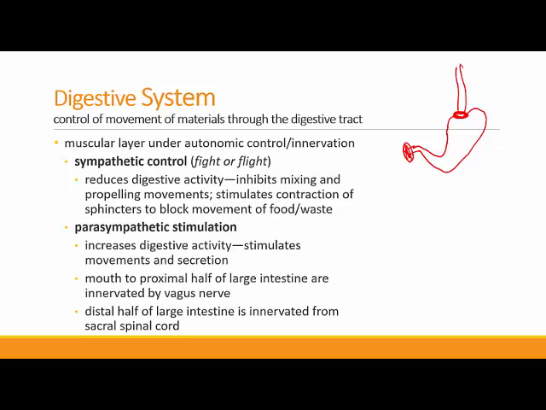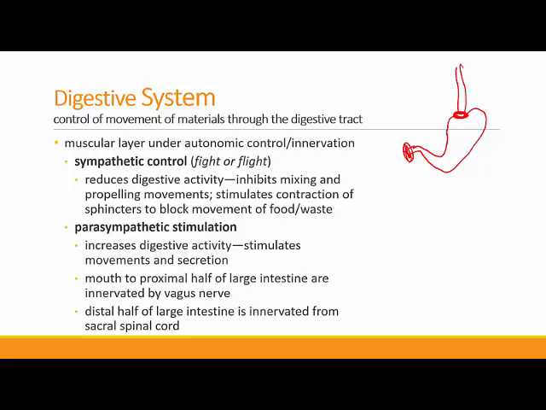So sympathetic stimulation will reduce mixing and propulsive movements of the alimentary canal, but it will stimulate this contraction of sphincter muscles. The purpose of that is to stop any digestive activity and to hold the food in whatever region it's found in, so that we're not moving it forward. So the closure of those sphincter muscles prevents food from moving along the alimentary canal.